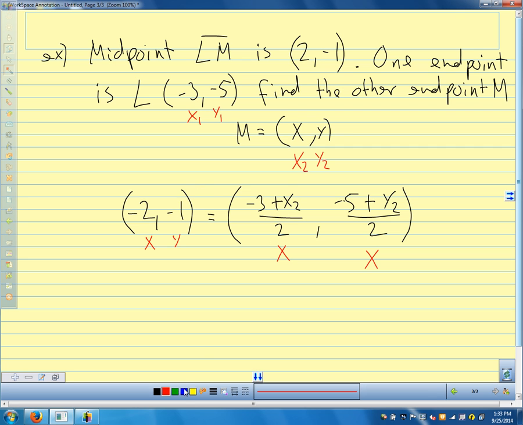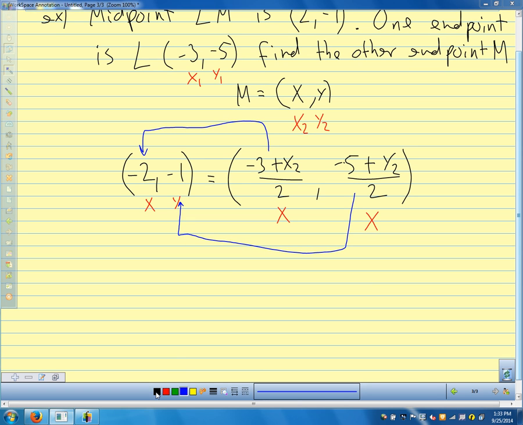And this also tells us x and y. Well, this piece has to equal that, and this piece has to equal that. So we have two equations. We're looking for two numbers, so we have two equations. So let's work with this equation. 2 equals negative 3 plus x2 divided by 2. I want to solve for x2.